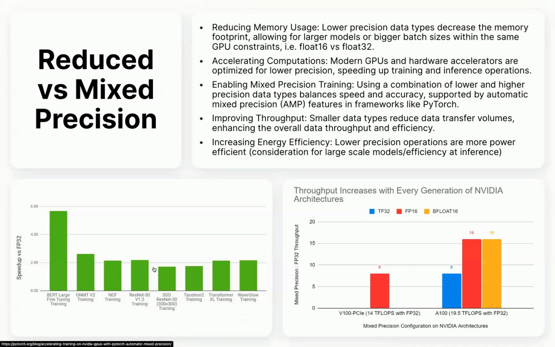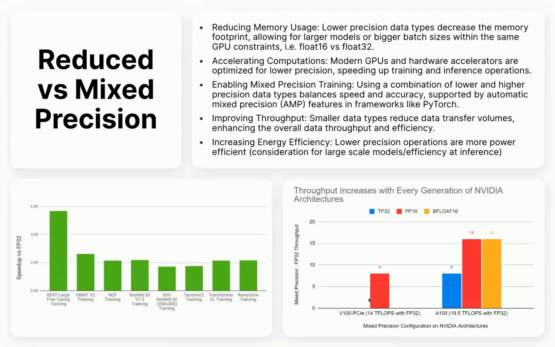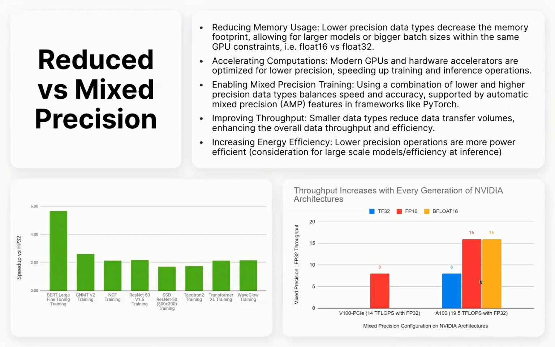In terms of considering the architectures, we see that for V100, utilizing mixed precision, if we go from floating point 32 to floating point 16, we can see an 8 times speed up. And then if we look at how it performs on an A100 system, we see significantly more throughput increase with reduced precision.